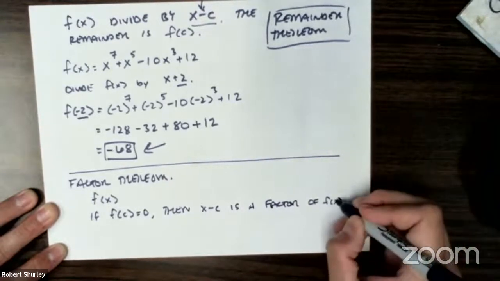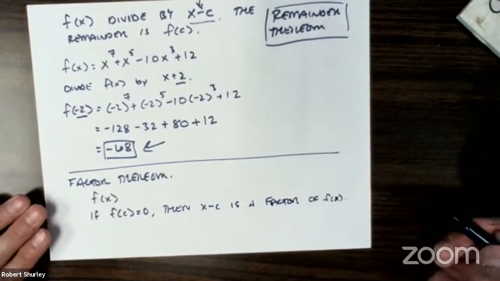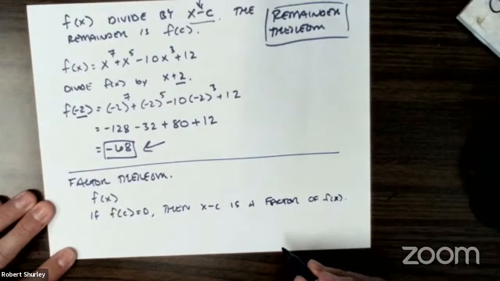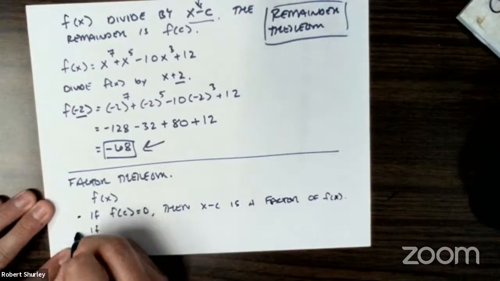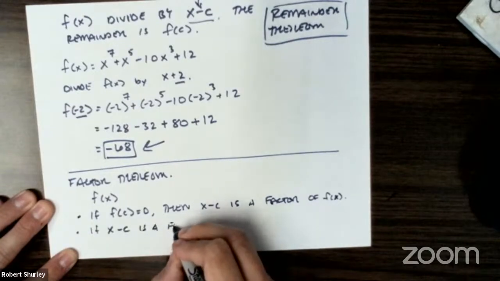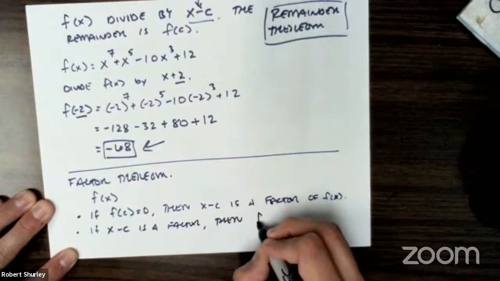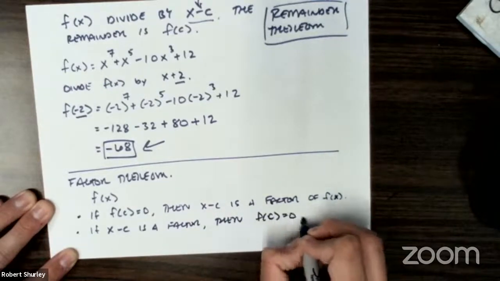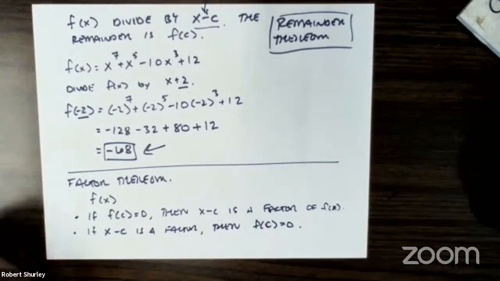I've said it 20 times so far in this lecture. And then vice versa: if x minus c is a factor, then f of c equals 0. So if it winds up being 0, then we know x minus c is a factor of that function.